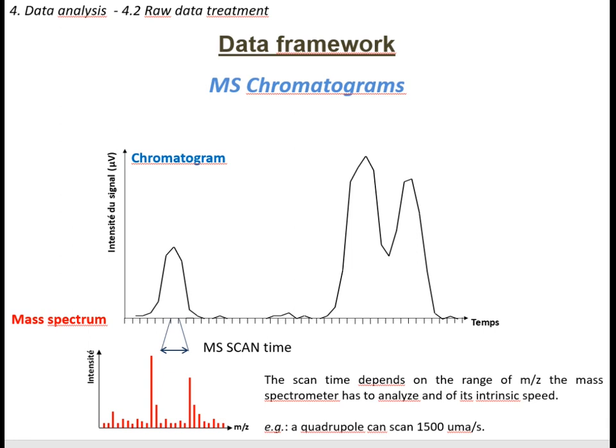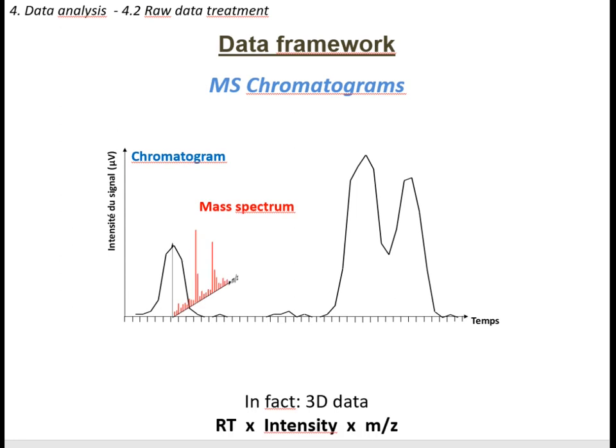So this is the time for the machine to generate a mass spectrum. This is what has been produced during this very short lapse of time. It's a mass spectrum. You can use a third dimension to put this mass spectrum in the same graph. So you will have another dimension, the Z axis, that will be mass over charge, m/z. And you have this for each time point.